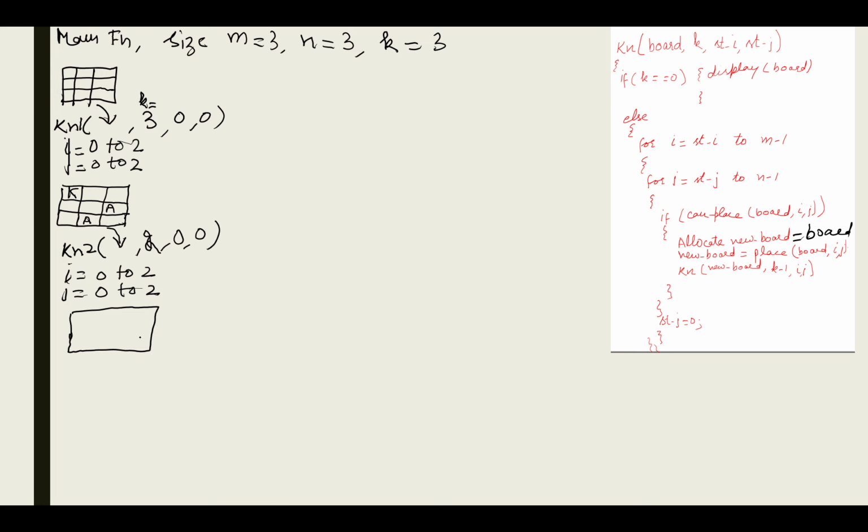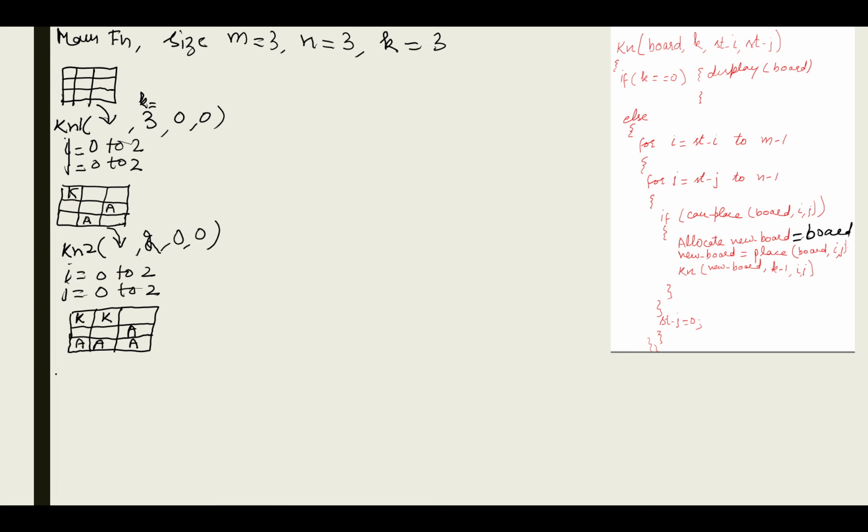So all the positions are copied, and the new knight is also placed. So these positions which are there in the previous board are copied, the new knight is placed, and new attacking positions are marked based on the new knight. So this is the configuration after placing 2 knights.